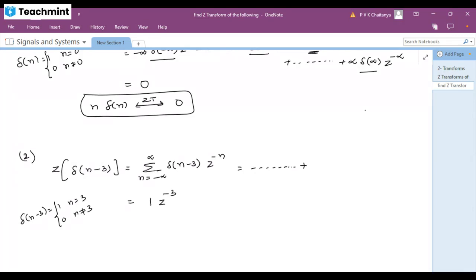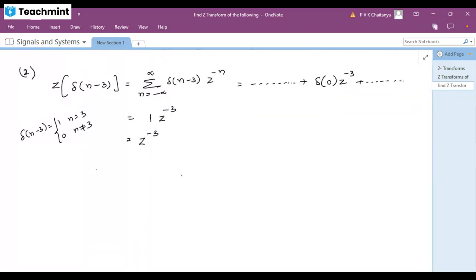Only when n is equal to 3, I will be getting del of 0, and for all other values, del will be 0. So I will be getting this as z power minus 3.